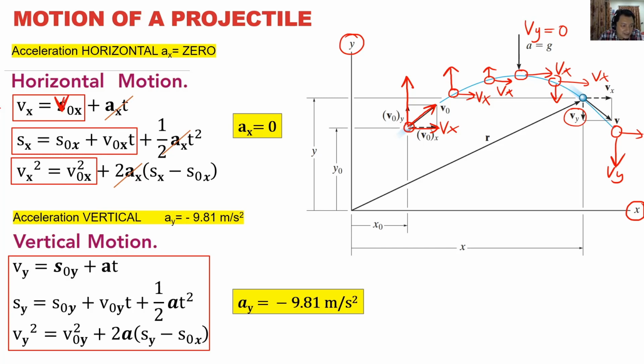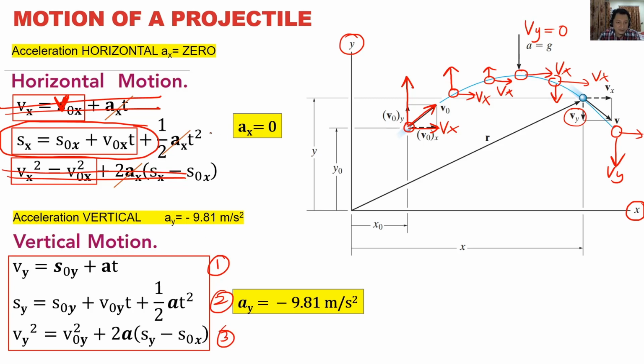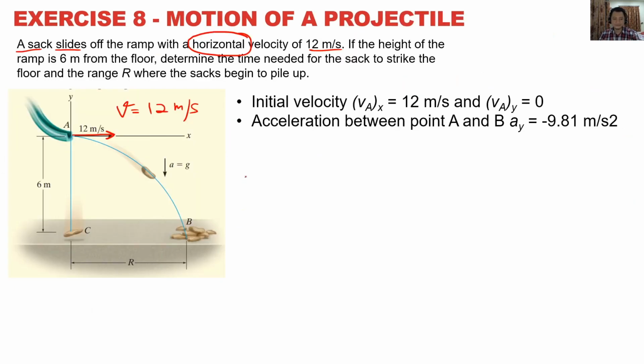It's actually Vx. This one is useless. This one is also pretty much useless. You only have one good thing, which is this one. So horizontal, only one good thing. Vertical, everything is good. Equation 1 good, equation 2 good, equation 3 good. For horizontal, only equation 2 is good. So look at this. What are we looking for? Determine the time needed for the sack to strike the floor and the range R.